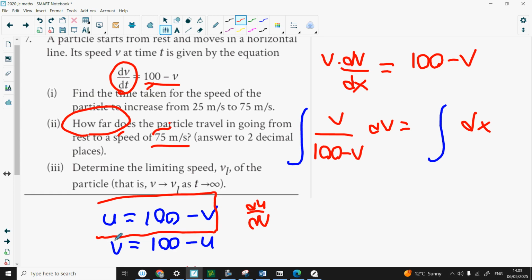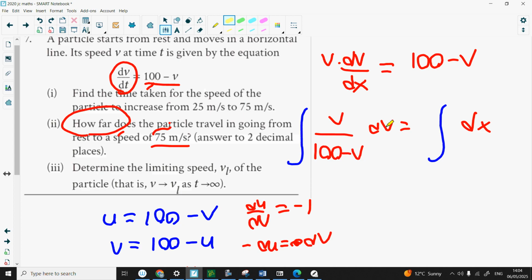See this part here? Differentiate. What happens when you differentiate it? You get -1. And you get du equals minus dv, or dv equals minus du. So let's take this apart.